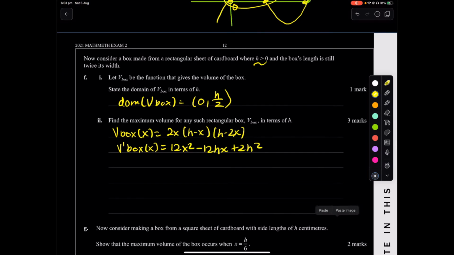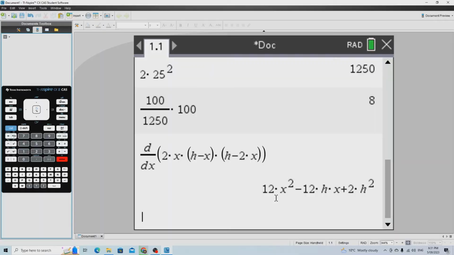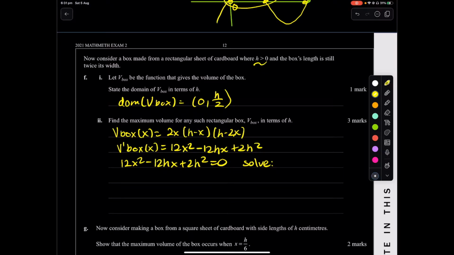To find the maximum volume, we let this equal 0. So 12x squared minus 12hx plus 2h squared equals 0. Solve. So solving that, we get this expression over here.